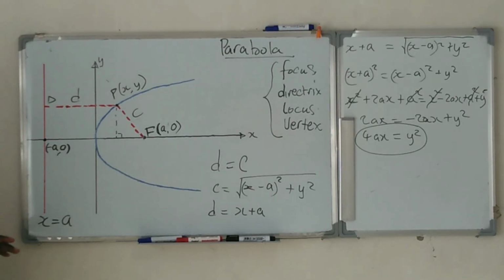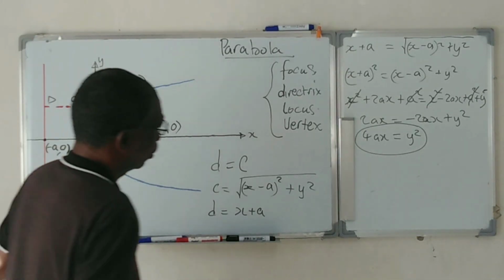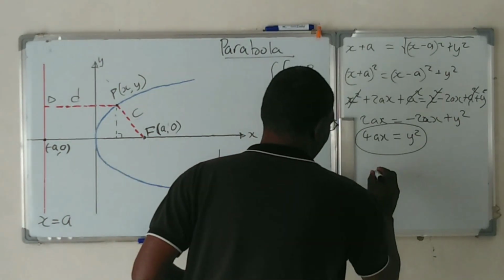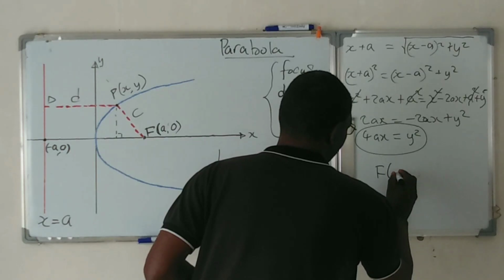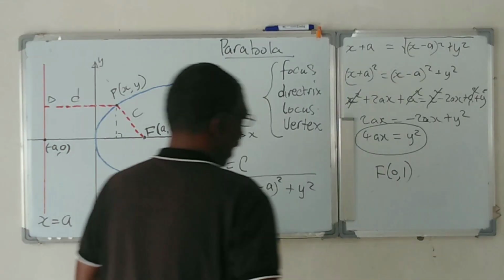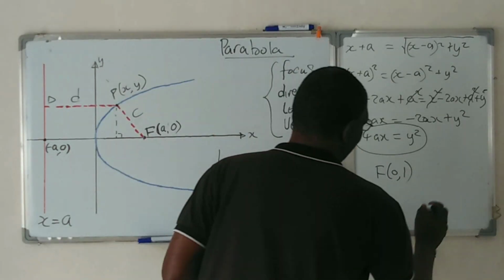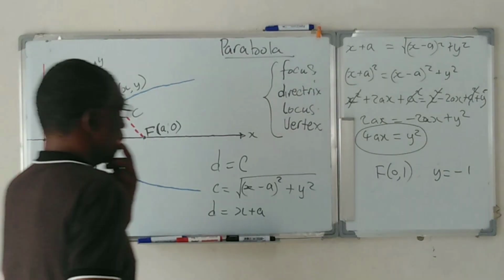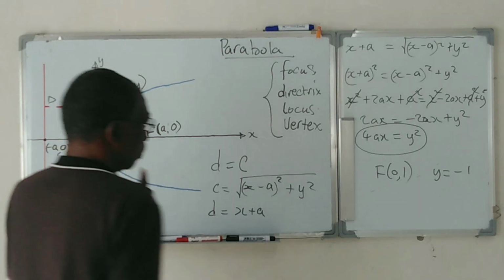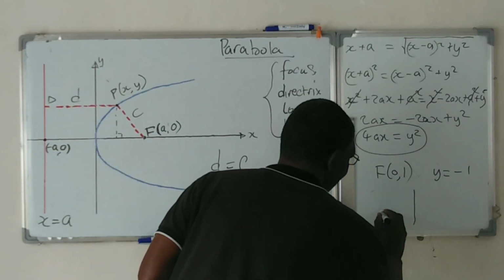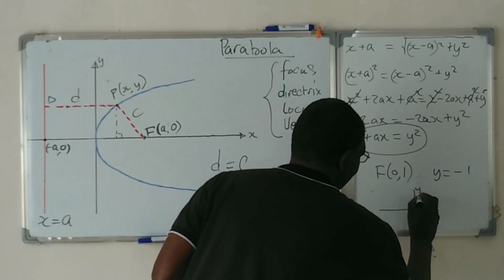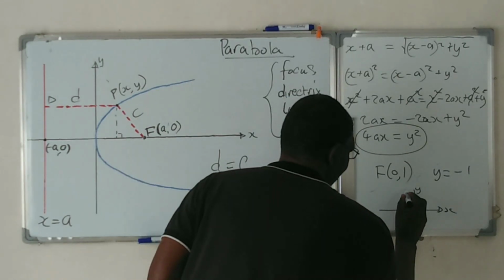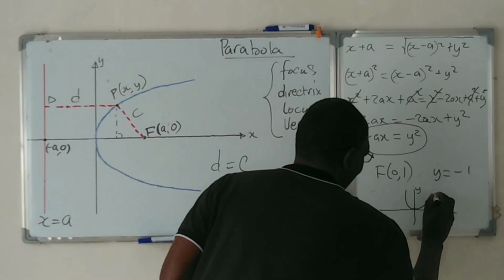What I want you to try here is to find the equation of a parabola with the focus F at the point (0, 1), and the directrix, the line y is equal to minus 1. I'll give you a clue. It's going to be looking like this. Here is our y-axis, there is our x-axis, and this thing is going to be like that.